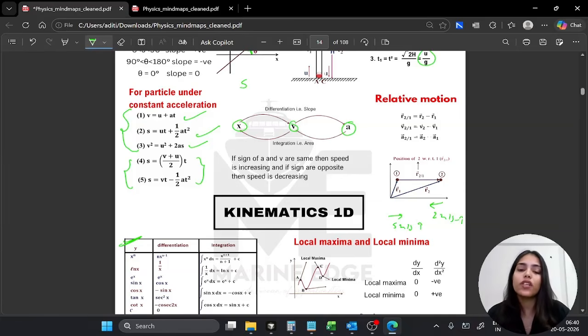If 2 bodies are moving away from each other, towards each other, whatever it is, the motion of the second person with respect to the first person, that is relative motion. So the whole concept of relative motion is, we just subtract the motion of the first person from the second person. That's it. Then velocity can be calculated. So in this case, person A will feel like the other person B is approaching him with a speed of 5 minus, that is, 7 meters per second.